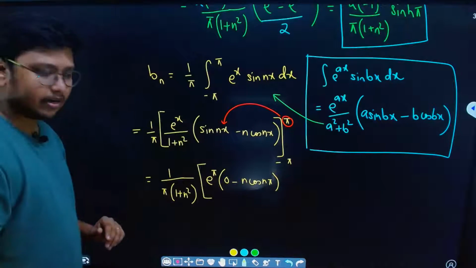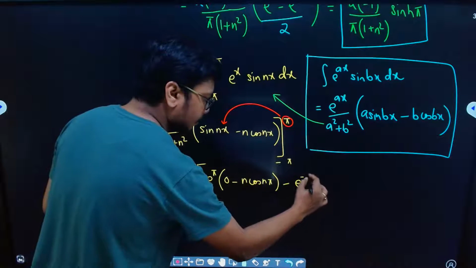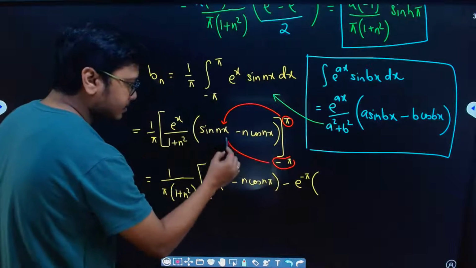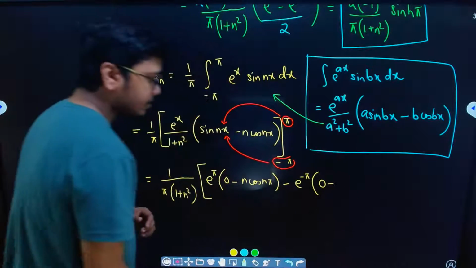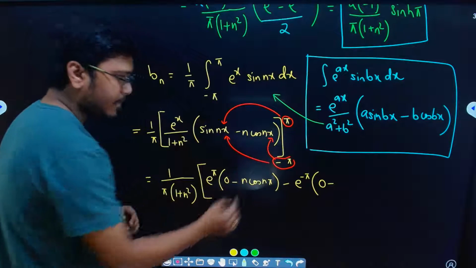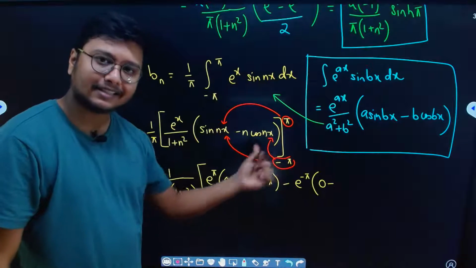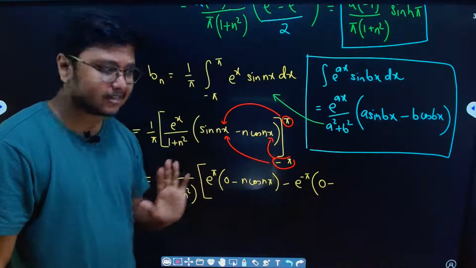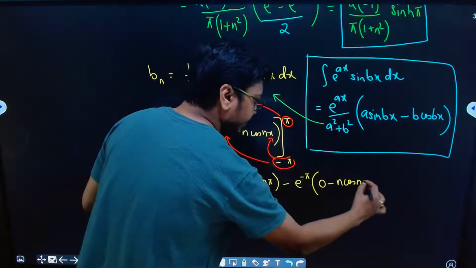So this is the upper limit, minus, now putting the lower limit, so e to the power minus pi. Again, if I put this lower limit in place of sine, it's again becoming 0. So 0 minus, if I put minus pi in place of x, in the cos function, the minus sign gets absorbed. So I will simply have cos n pi. Minus getting absorbed. So minus n cos n pi.